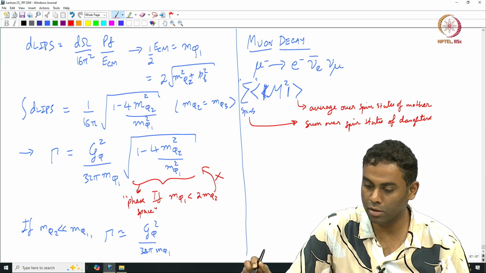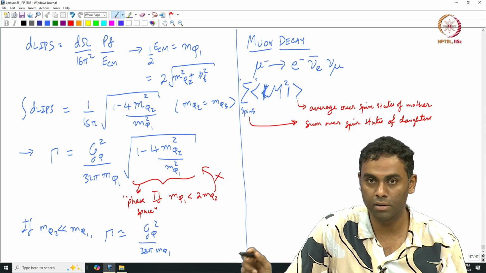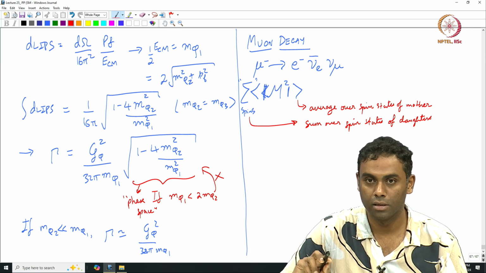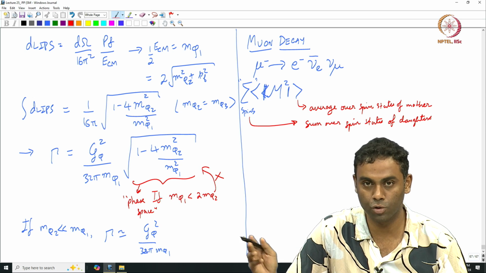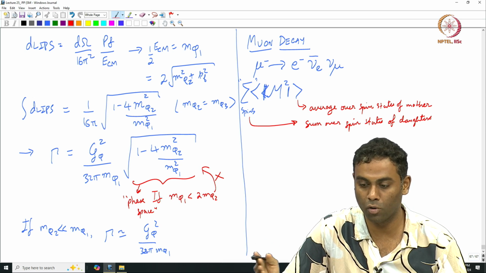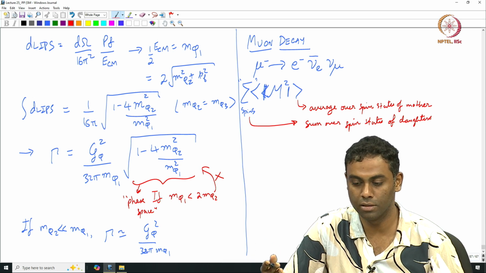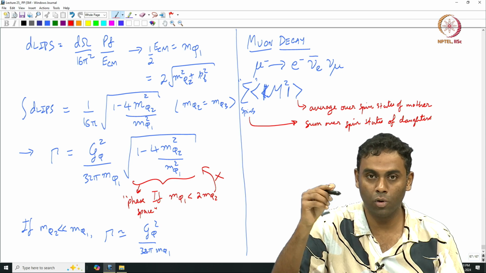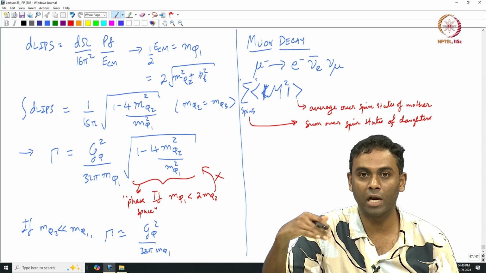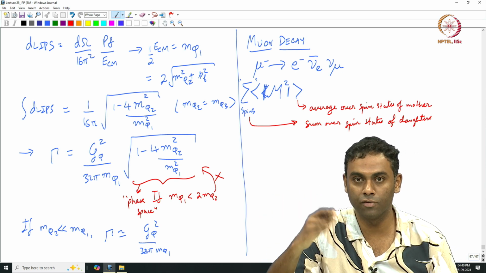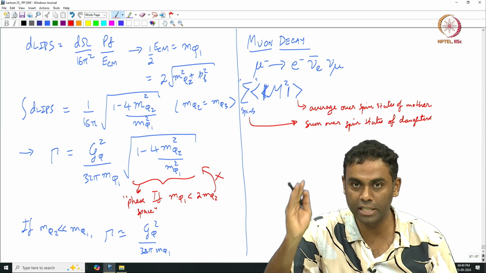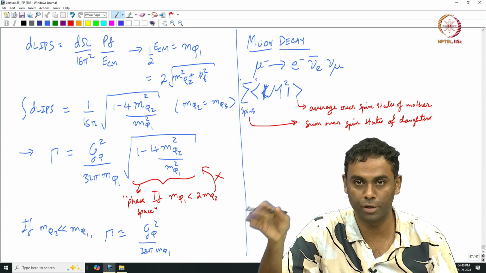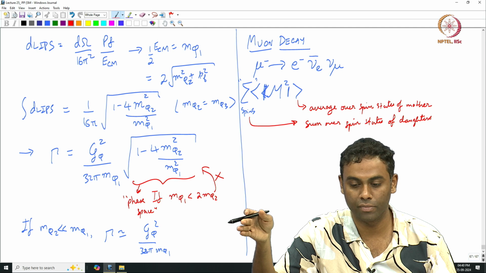Okay, because after all you have to account for every spin that the daughter states could take, right? That is ultimately what determines the total cross section. But the muon could come with spin up or spin down, you have to average over both those. Okay, these are all different states, right? You have to actually account for each state when you compute the amplitude and hence the cross section, right?